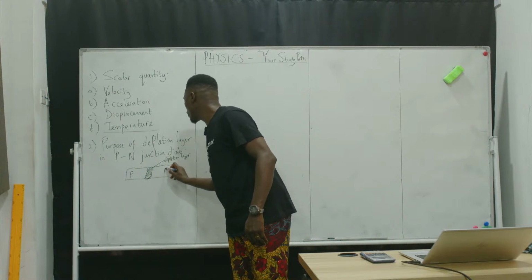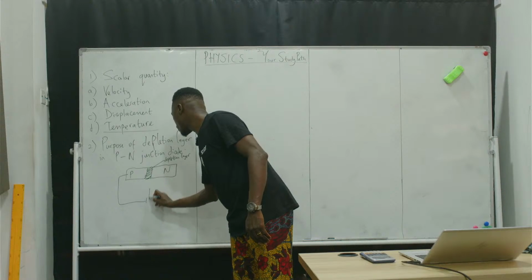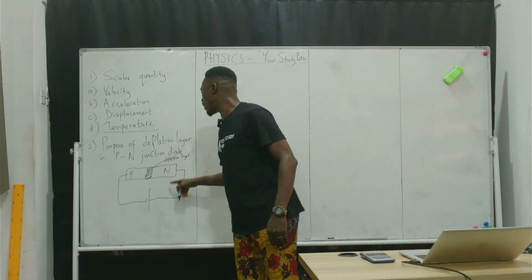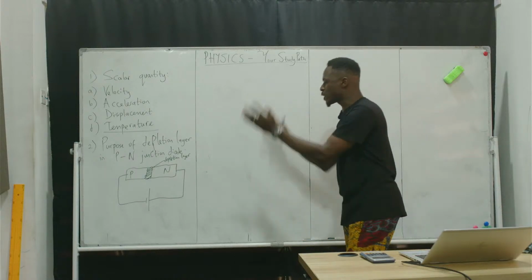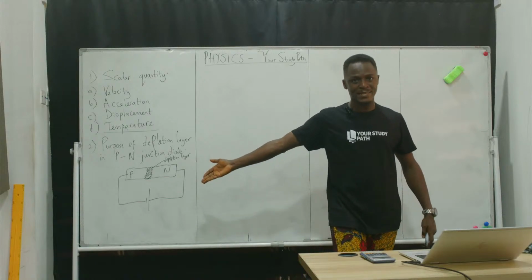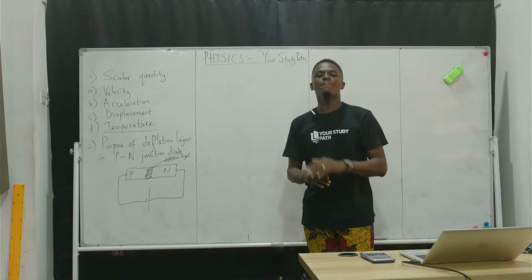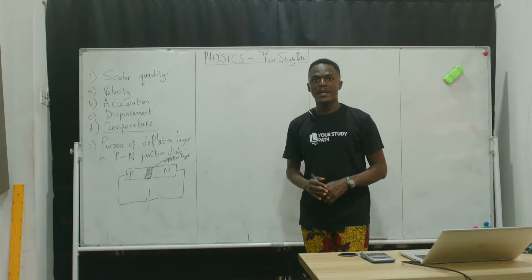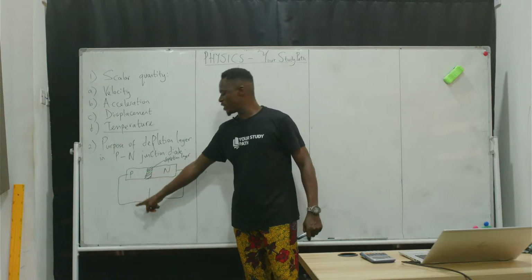So P and the N, you have it connected to your terminal. And please have it at the back of your mind that this kind of connection will tend to expand the depletion layer, because what type of bias is this? We refer to this as a reverse bias. This is not a forward bias. Imagine this being positive, this being negative.